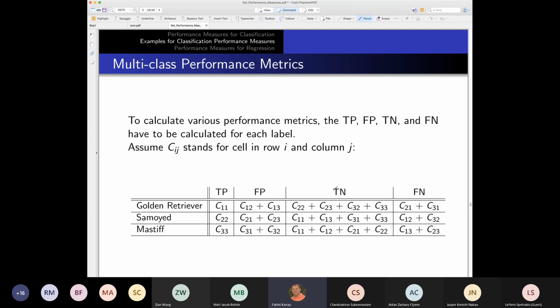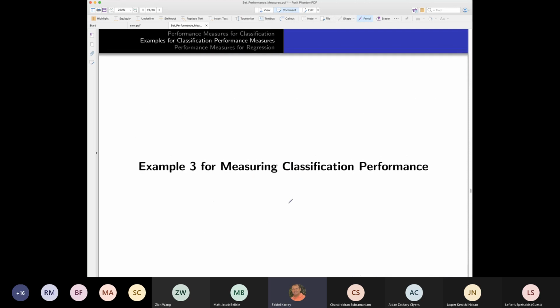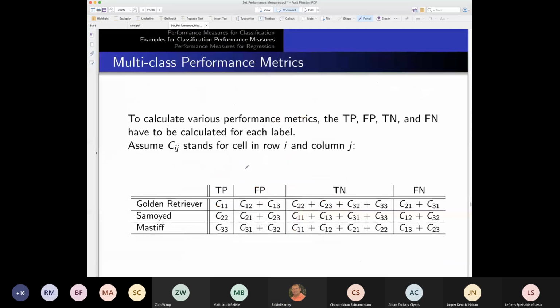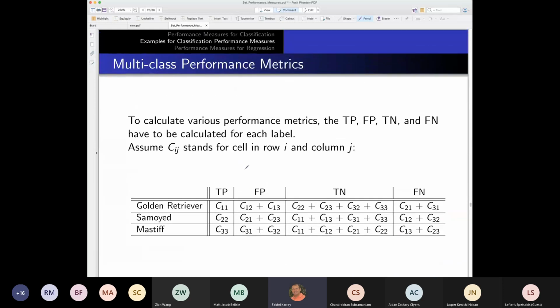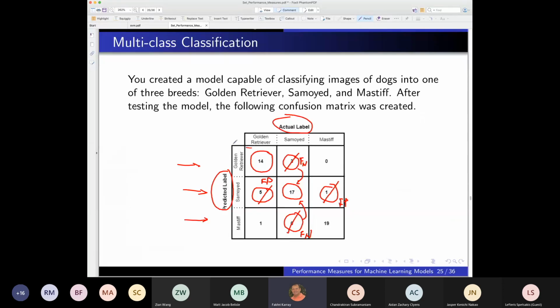So here we are going to calculate the various performance metrics for the true positive, false positive, true negative, and false negative. So for the golden retriever, for this particular type of matrix, remember what the matrix stands for. So let me go back here. This means C11, the first column and first row.